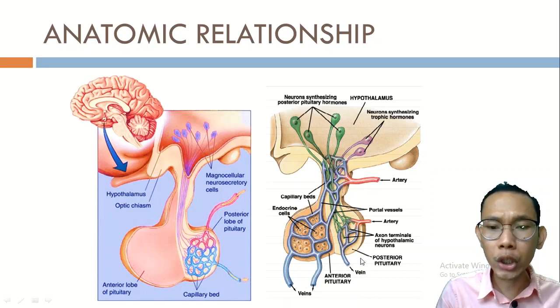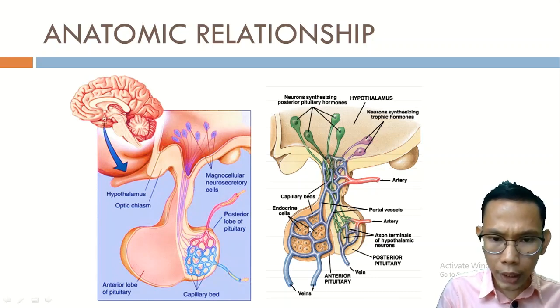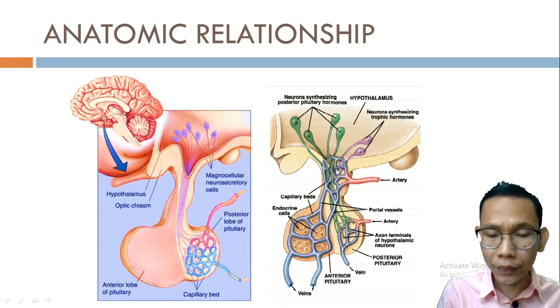How about your posterior pituitary? As we can see here, your posterior pituitary has its own blood supply coming from its own pituitary gland. This is your inferior hypophyseal artery. This part here is your superior hypophyseal artery, which is also connected to your anterior pituitary and your hypothalamus.